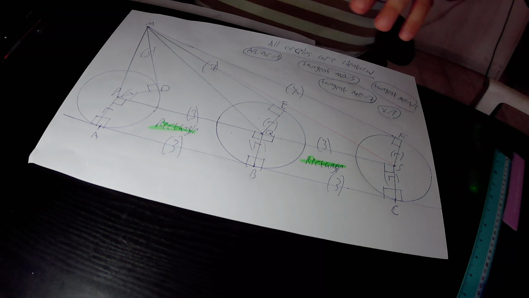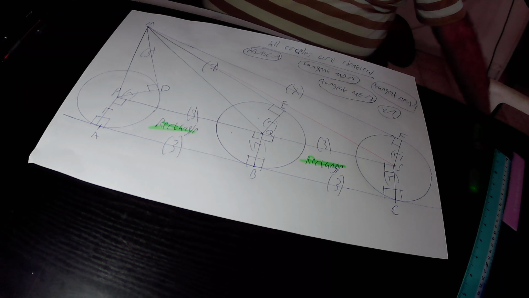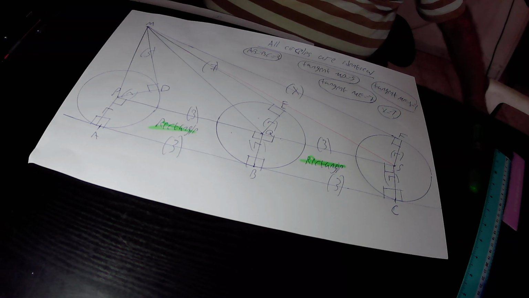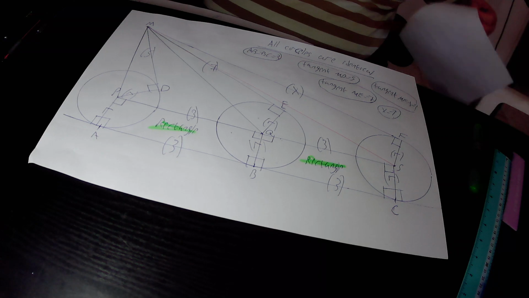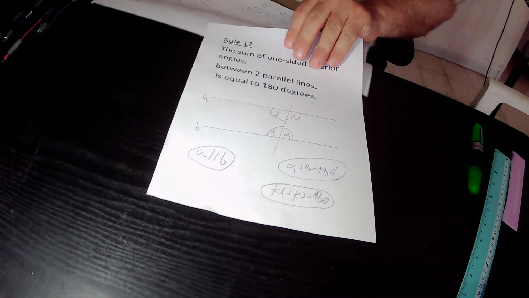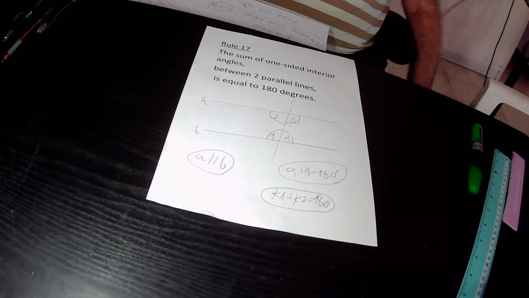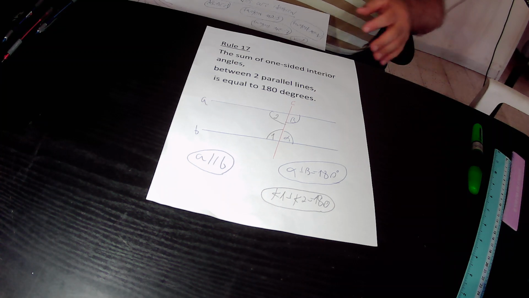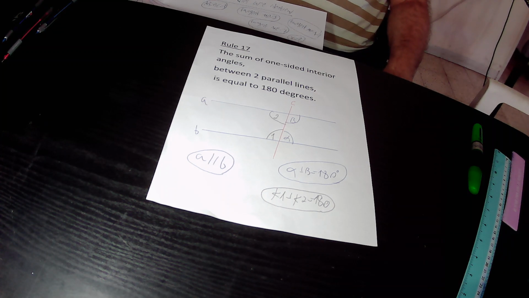And therefore we can implement rule 17 here. So I'm just clicking on rule 17. According to rule 17, the sum of one-sided interior angles that are located between two parallel lines is equal to 180 degrees.